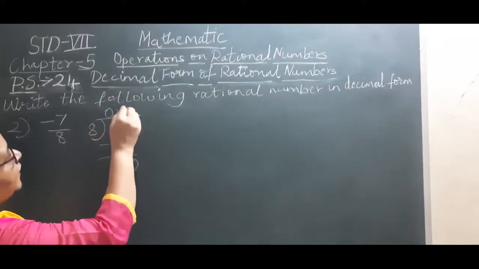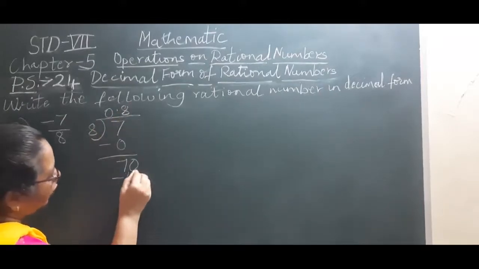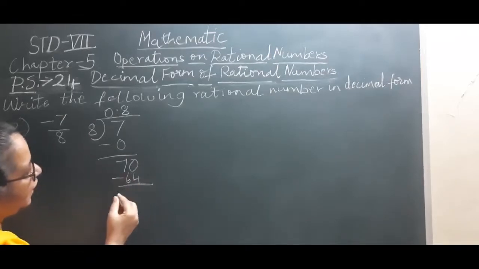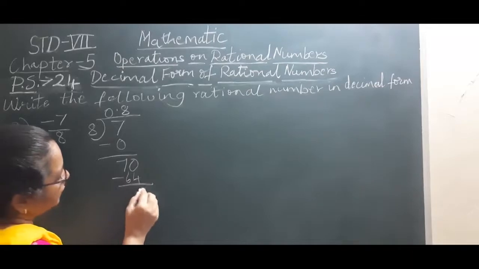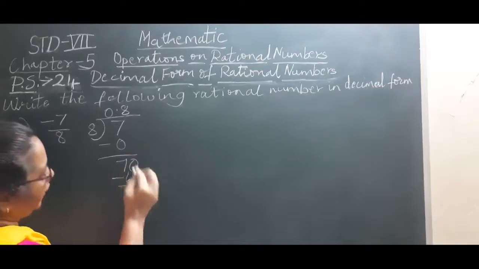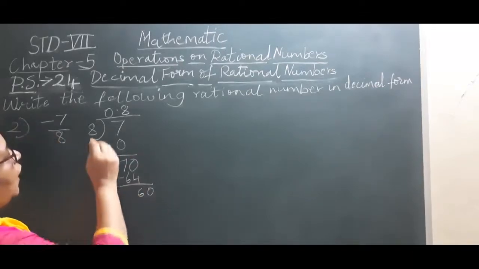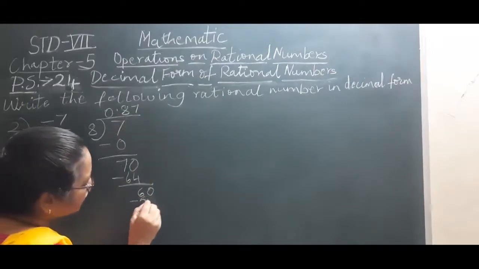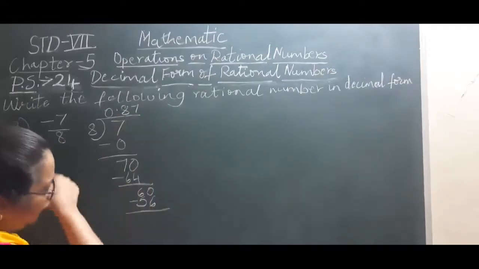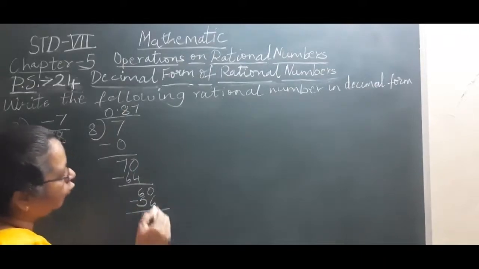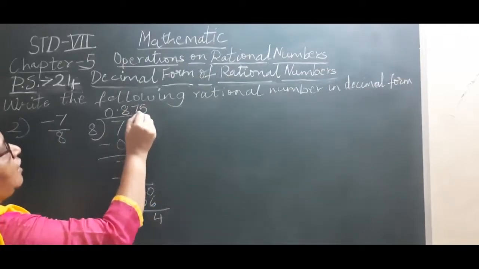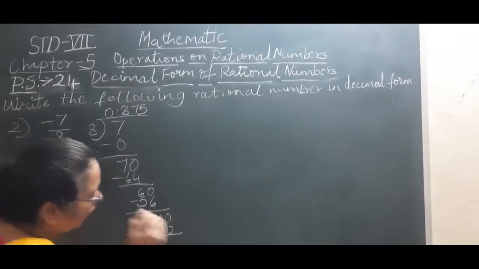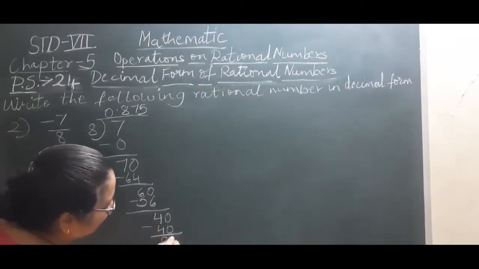So 1 0 will be added here. Now 8 8s are 64. So we are going to minus 64. So what is remaining now, children? 6 is remaining. Now we can add a 0 again. Now 8 7s are 56. We can minus 56. What is remaining? 4. 8 5s are 40. So we are going to minus 40. The remainder is 0.